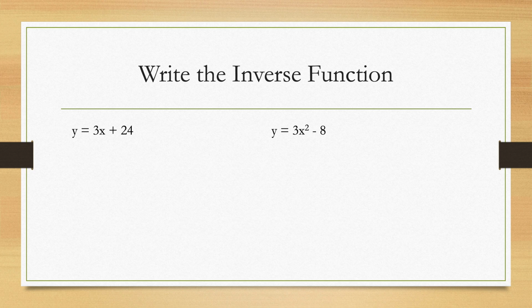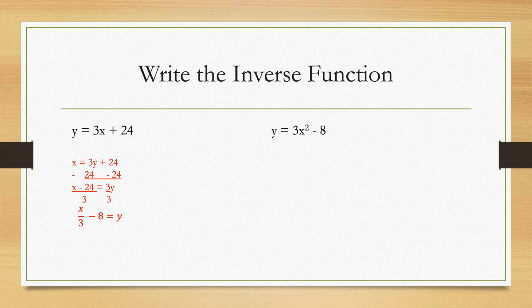So when I see y equals 3x plus 24, the first thing I have to do to figure out what the inverse function is, is switch the x and y, which I do. Now I just solve for y. Subtracting 24, dividing by 3, and sometimes they'll leave the answer y equals x minus 24 over 3, and sometimes they'll write y equals x over 3 minus 8.